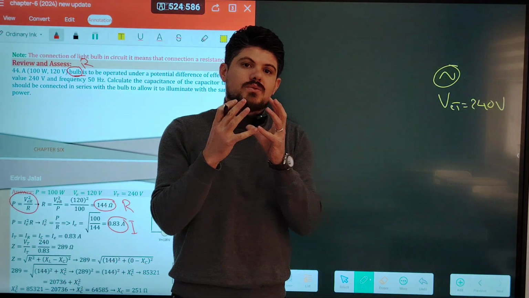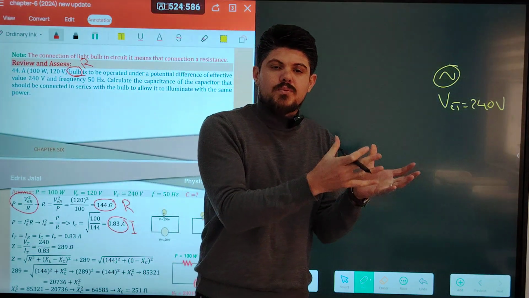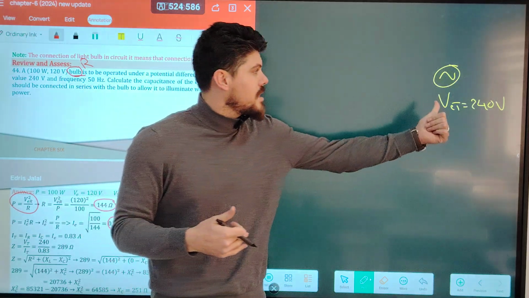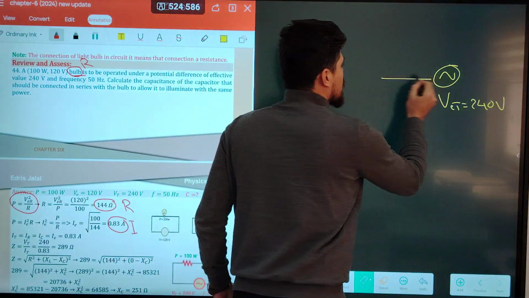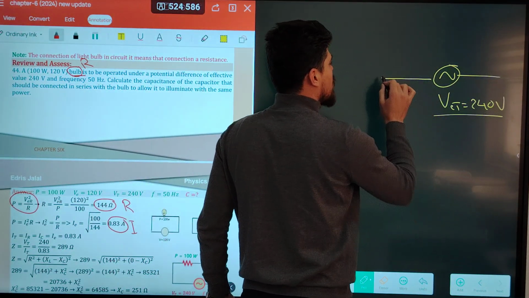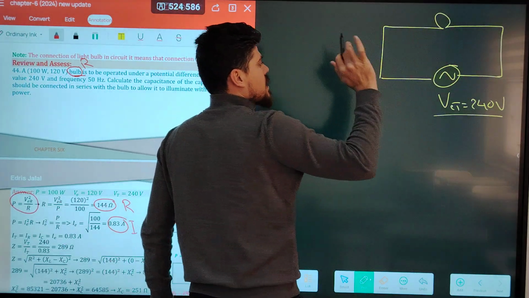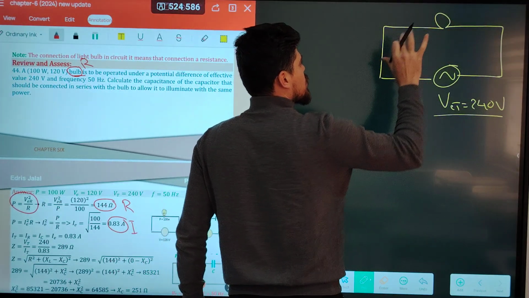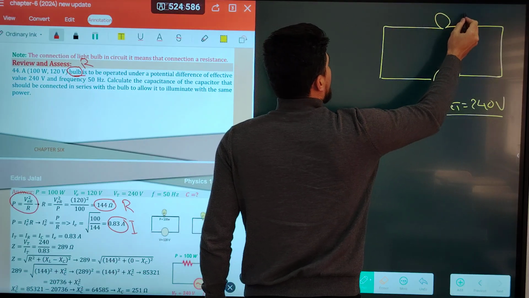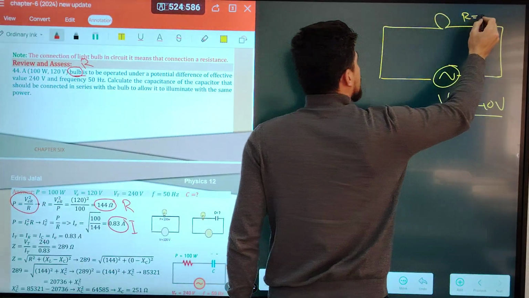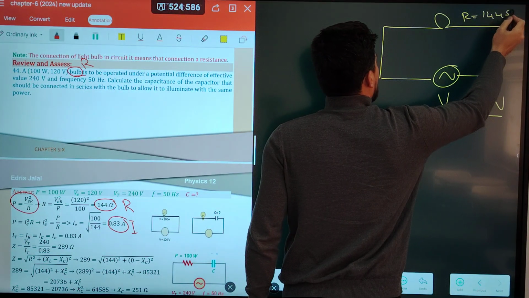Now we have to remove the light bulb from the first circuit and connect it with the second circuit, whose potential difference is 240 volt. Now the light bulb is connected with the second circuit. Do we have the resistance? We didn't have it, but we found it: 144 ohm.